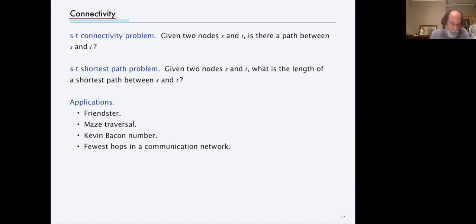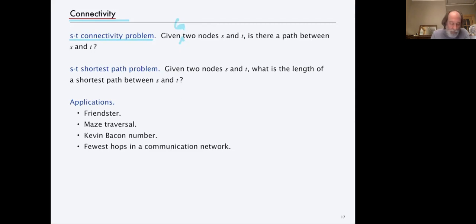All right, so the simplest one is ST connectivity. Given a graph, there are two nodes in the graph, call them S and T, for start and terminal. That's the question: is there a path between S and T?